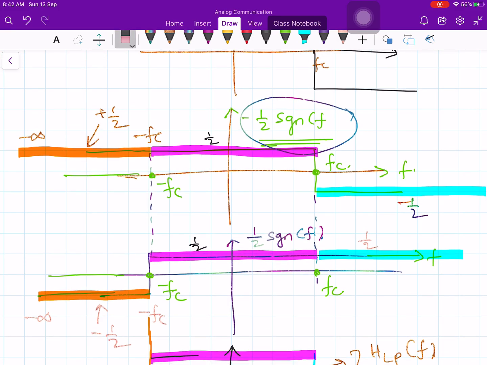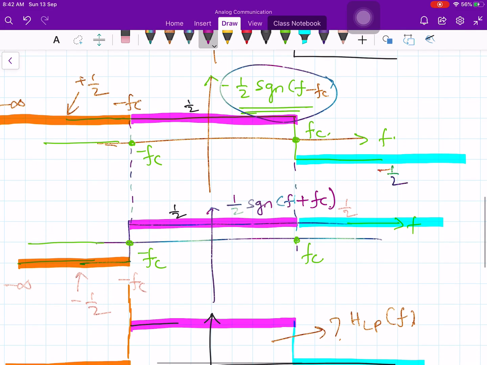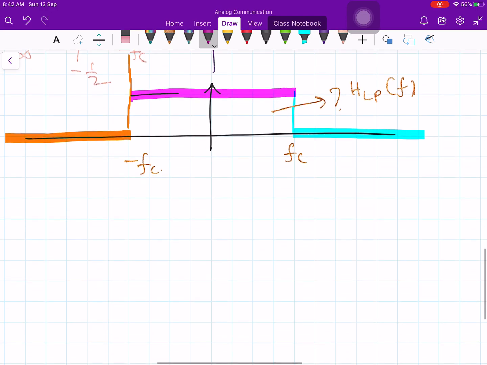This is not F. This is F minus Fc, and this one is F plus Fc. So your HLP is summation of these two, 1 by 2 signum of F plus Fc plus minus 1 by 2 signum of F minus Fc.